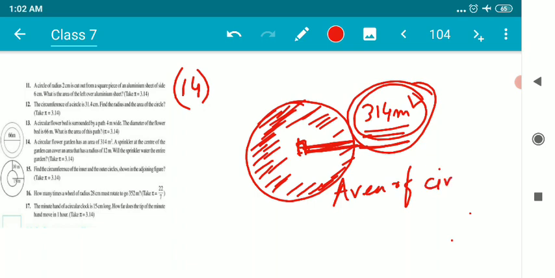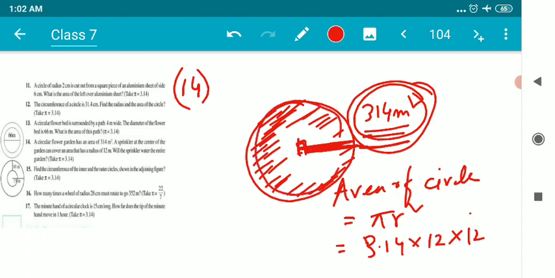We know that the area of a circle is pi r square. The value of pi is 3.14. R means 12 into 12. Now the question comes to your mind, from where did you get this 12? 12 meter is the radius the sprinkler can cover in the garden, so from there I picked up 12 meter.